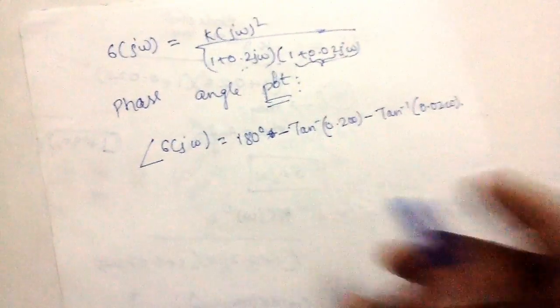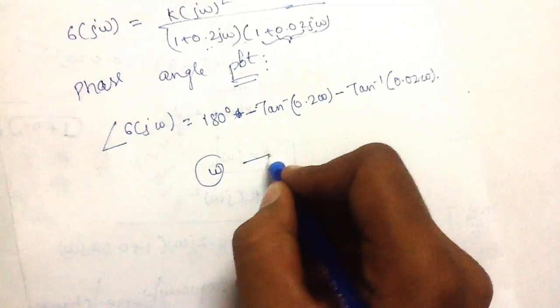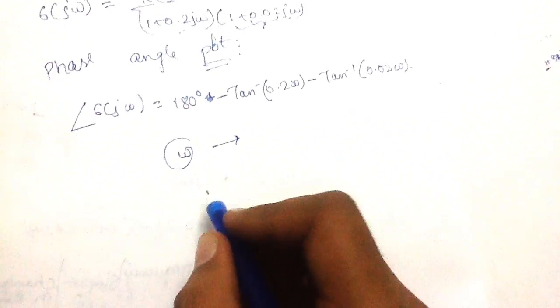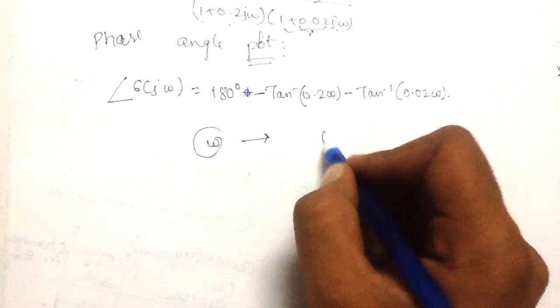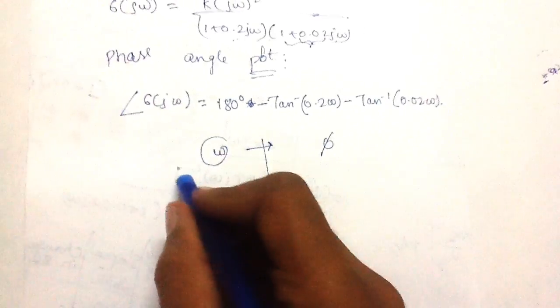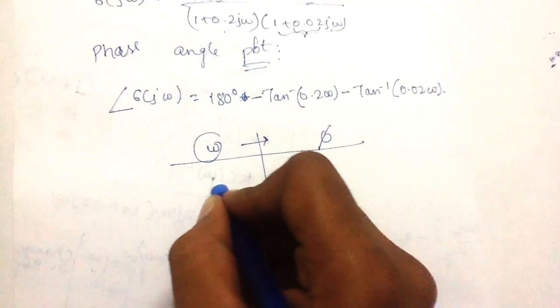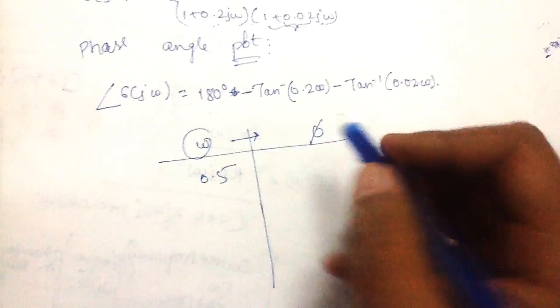So now at different values of omega, using this formula, write down your phase angles. So for omega, phase angle, just make a table. For example, omega is equal to 0.5.